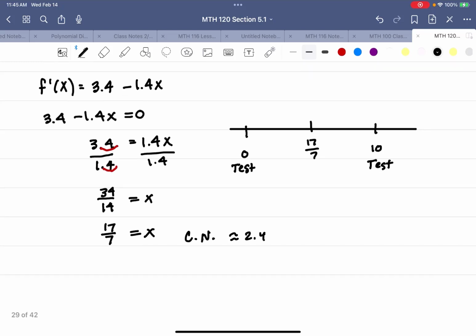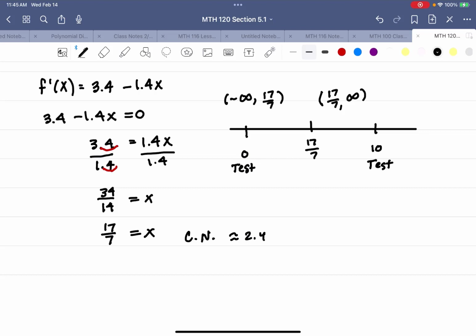All right, so I can see what's happening from negative infinity to 17 over 7. That's the left-hand side of the critical number. And then from 17 over 7 to positive infinity is what's happening on the right-hand side. And you only have to check one value, because if one of them is positive, they're all positive. If one of them is negative, they're all negative.